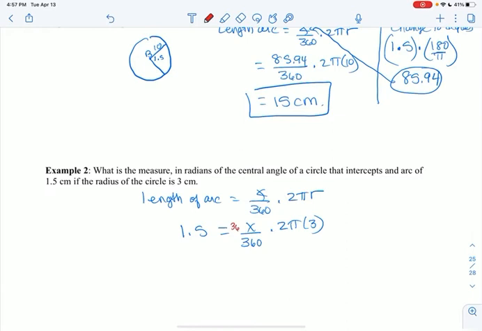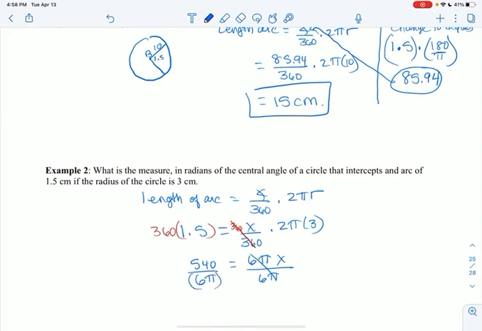I'm going to multiply by 360, gone. That means I'm multiplying this side by 360. 360 times 1.5 is 540 equals 6 pi times x, because 2 times 3 is 6. Now to solve for x, I'm going to divide by 6 pi.